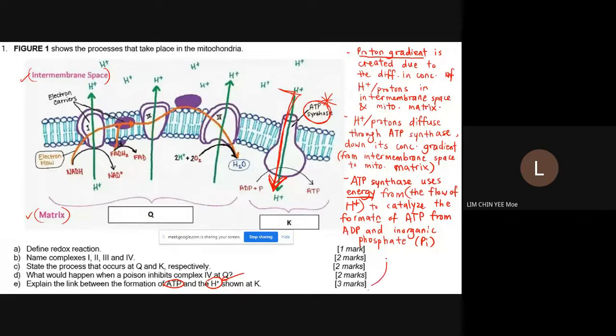That show you how H plus is related to ATP production. Jelas? Jelas, Miss. Okay, boleh jawab ya? Boleh. Hopefully. Alright, so any question on this?